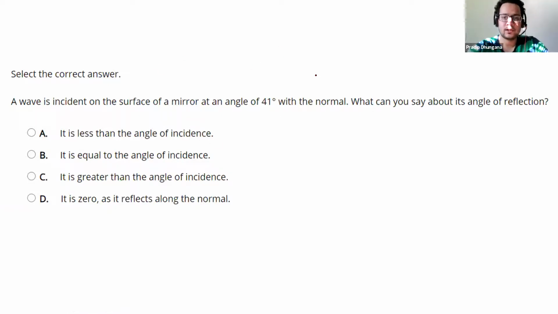We have a mirror like that, and this is the normal, the angle of incidence, and the angle of reflection. According to the law of reflection, what is the relationship between the angle of incidence and the angle of reflection? Think about that.